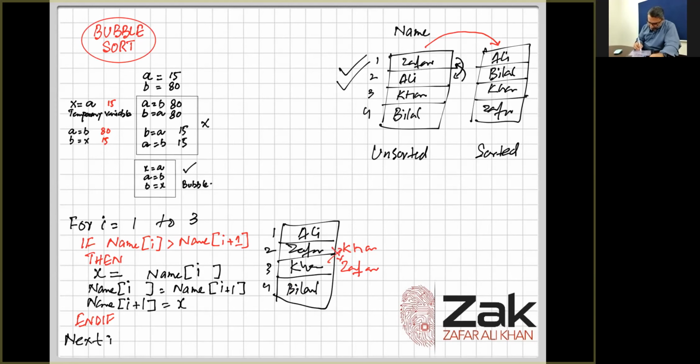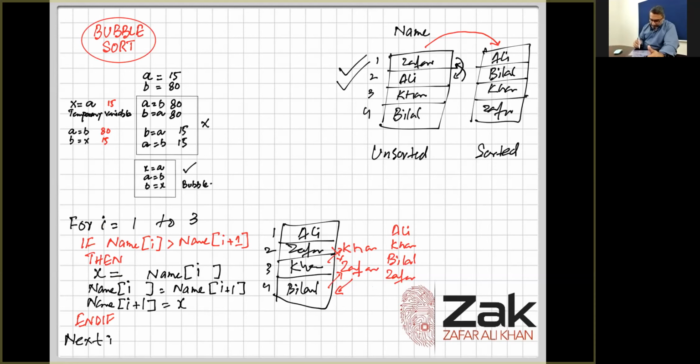Now the final value will be Ali, Khan, Bilal, and Zafar. Now you need to understand that this loop has ended, but this array is not yet fully sorted. So we have to run this for next once again.